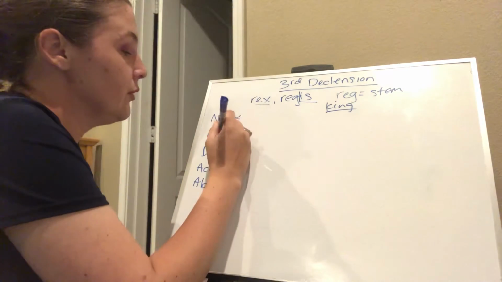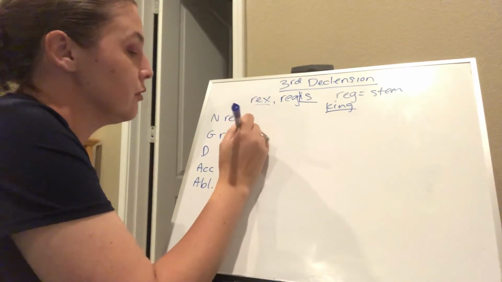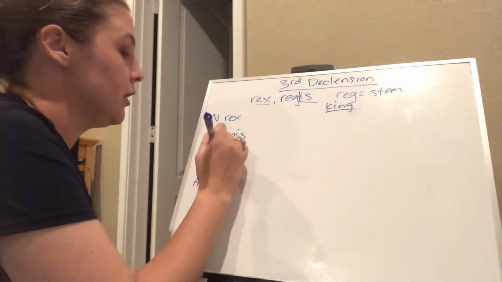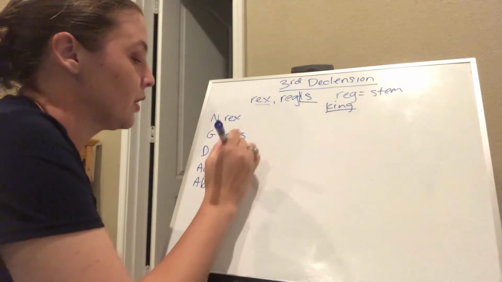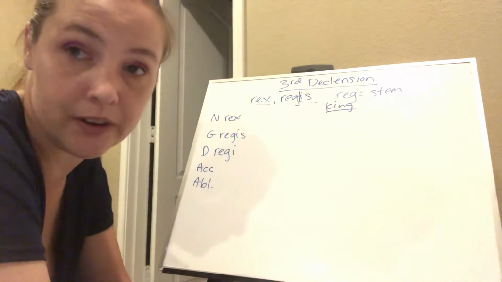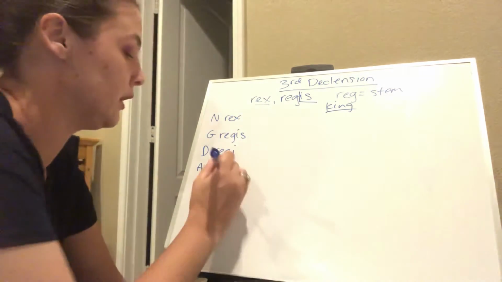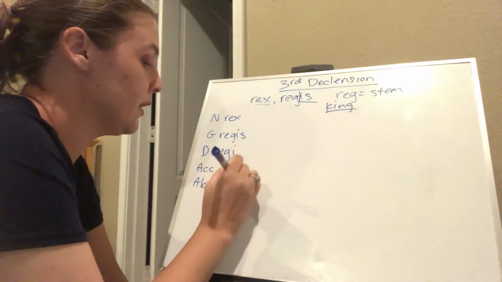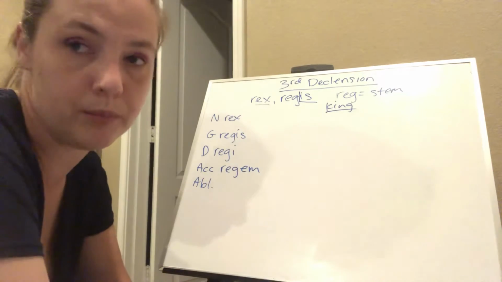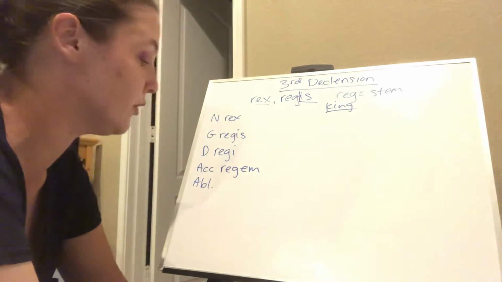The genitive is given to us, regus. Okay. The dative, here we go. Here's our stem. I is our ending, regi. Okay. Reg, our stem. em is our ending for the accusative singular.